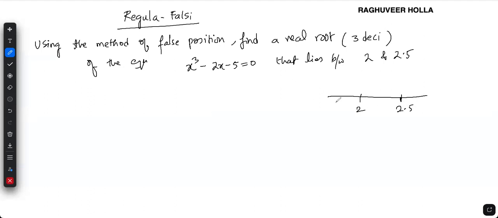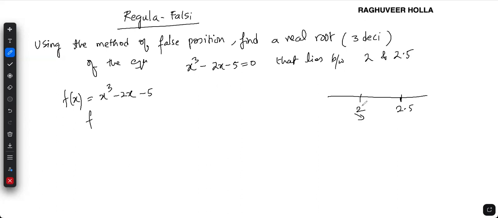As the first step, your function f of x is x cubed minus 2x minus 5. To find that, we first have to substitute.